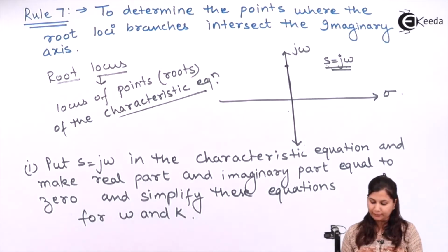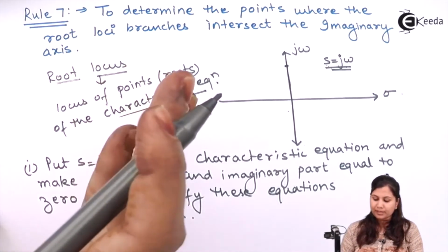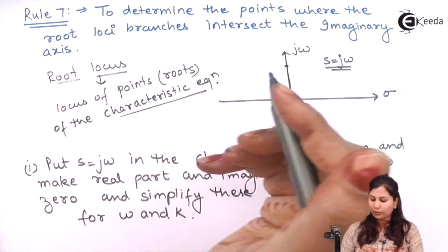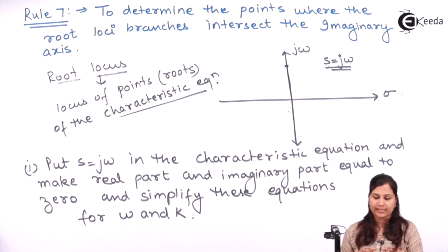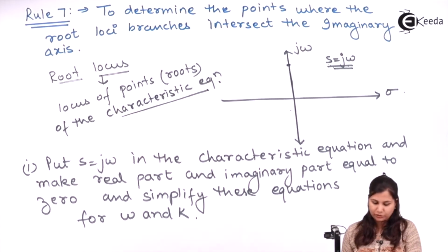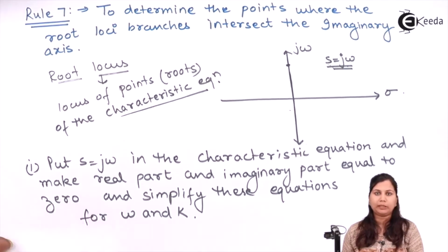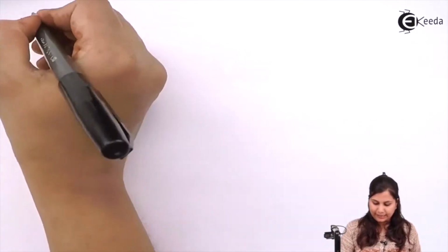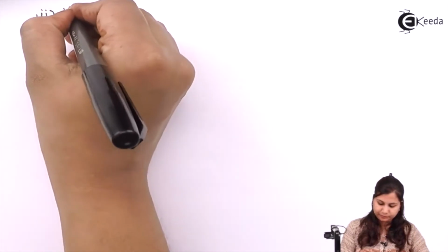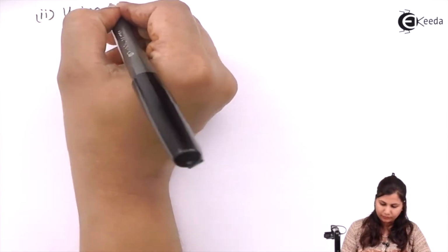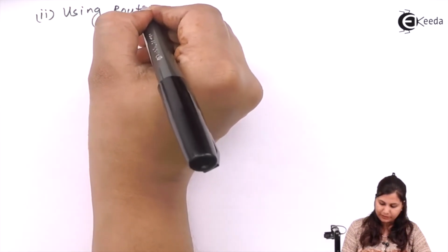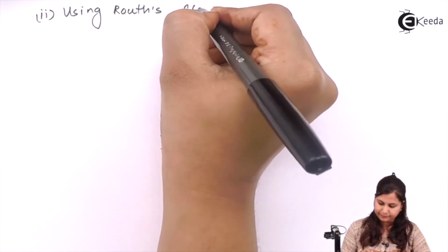This is the point where the root locus branch is going to intersect the imaginary axis. Now the second method is to use the Routh stability criteria.